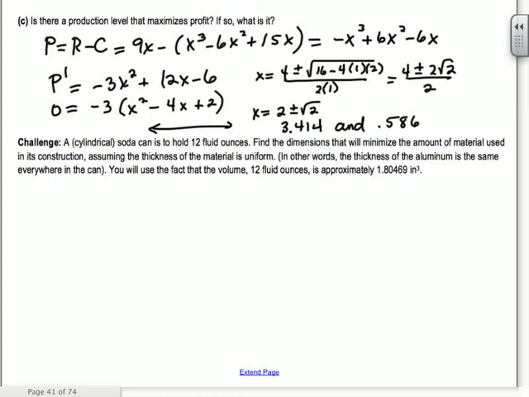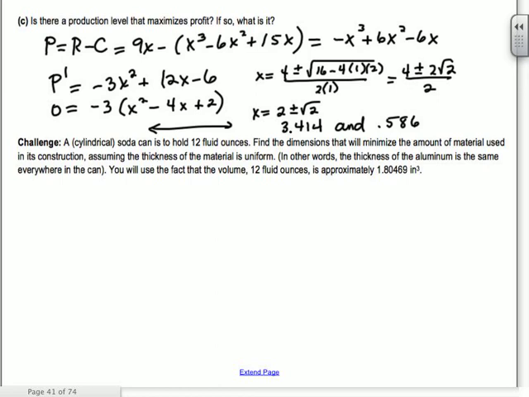If you think about your profit equation, your P prime was negative 3x squared, so that's going down like that. I don't know where it crosses, it's probably crossing the axis like this. So it's negative, then positive, then negative. If you looked at it on your graphing calculator, you could probably tell that. But let's go ahead and see.